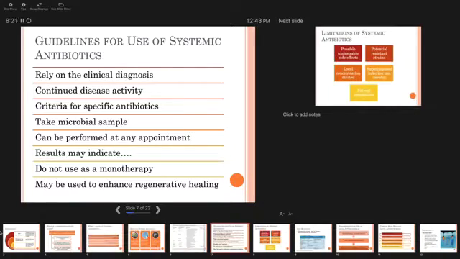And if you work in a periodontal office, they often will prescribe systemic antibiotics in conjunction with periodontal therapy, especially depending on the type of periodontal disease that's being treated.